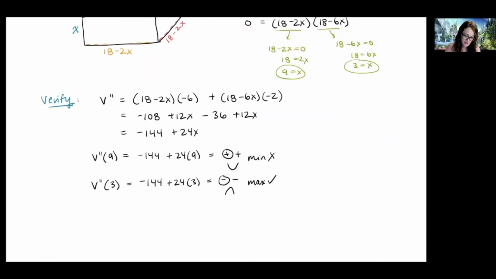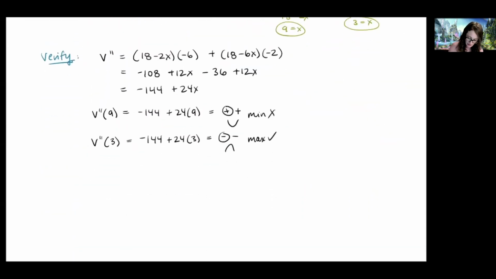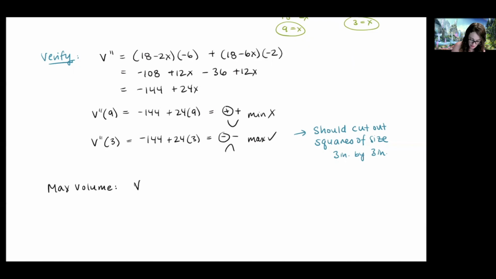Okay, so we know the size of the squares that we should cut out. So this means that we should cut out squares of size 3 inches by 3 inches. In order to find the maximum volume, we should just plug that 3 into our volume equation. So the original volume equation was 18 minus 2x squared times x.